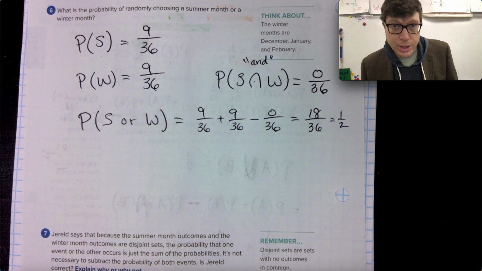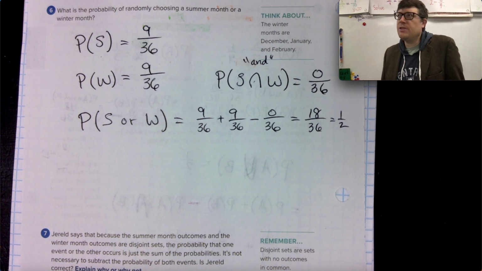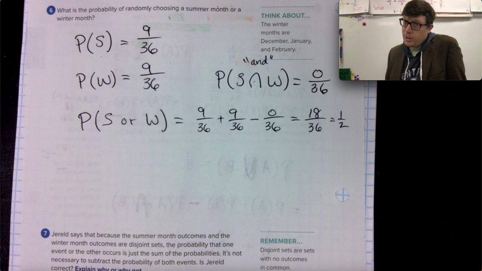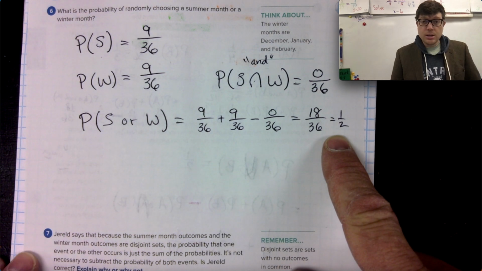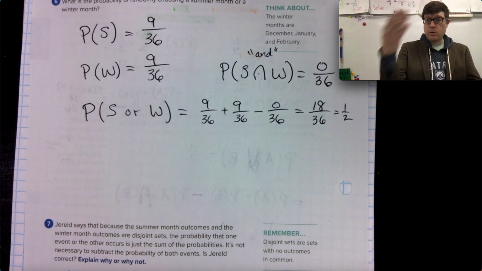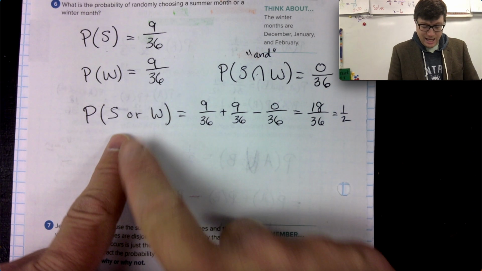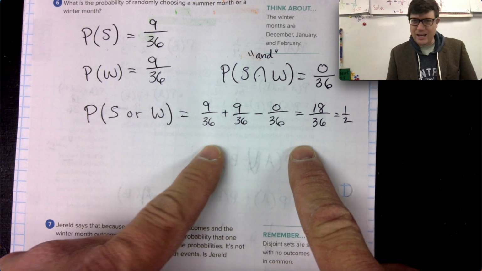Half of your days are winter days. Half of the days of the calendar are summer or winter, because there's no connection, no intersection between them. So we're able to therefore calculate our probability of choosing a summer or a winter date. And since they have no intersection, we still use the formula, but we're just taking away 0.